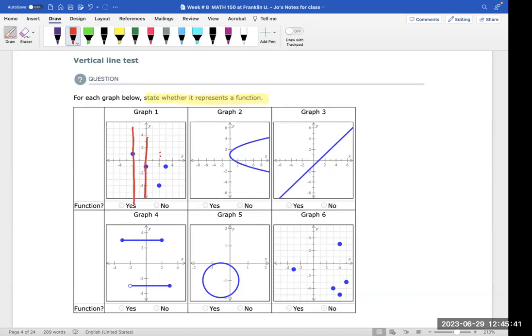Graph 1 has only 4 points in my relationship. So yes, this is a function because each vertical line crosses no more than 1 point. I have vertical lines that cross no points, but every vertical line, if it crosses my function, it only crosses in one place. Graph 2 is a no, because I've got places where it crosses twice. Graph 3 is a yes, because for every x value, my line will only cross the graph once.